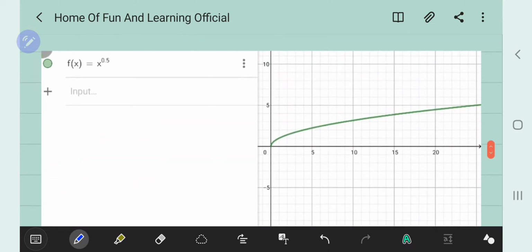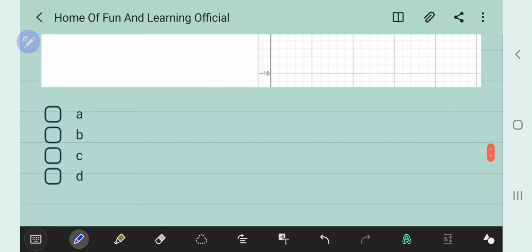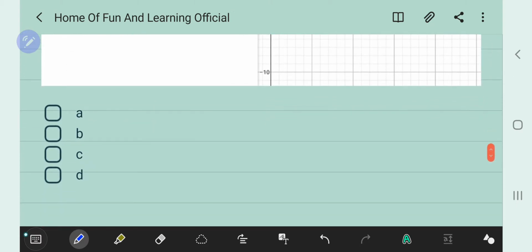It may not seem like two terms, but look at this: x to the power 0.5 plus 0, right? This is also 0, although it's not shown, but this is two terms. This is the first term and this is the second term, so it pretty much follows the first rule.